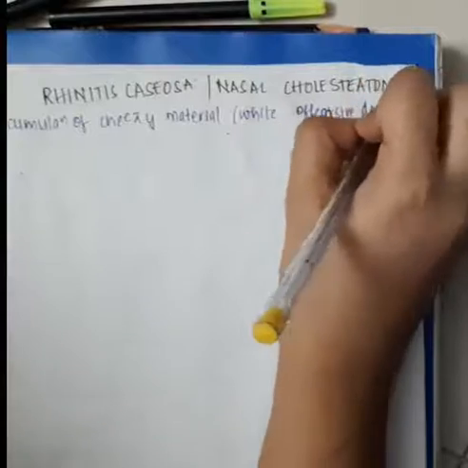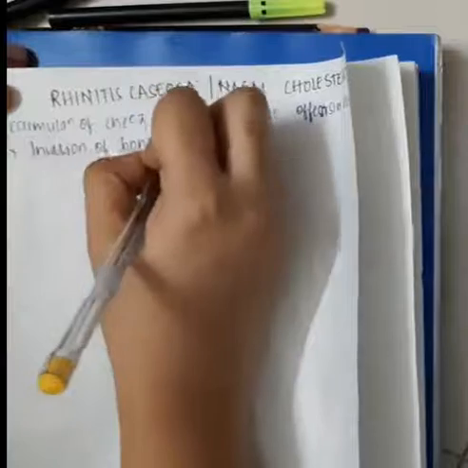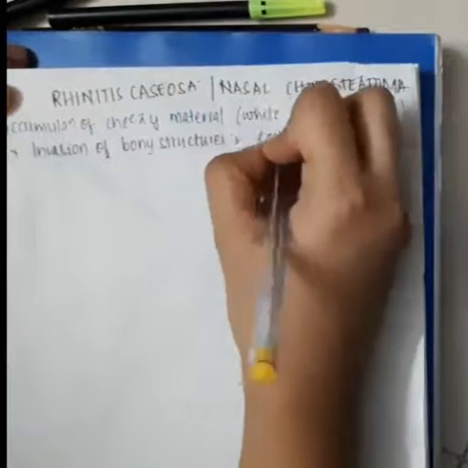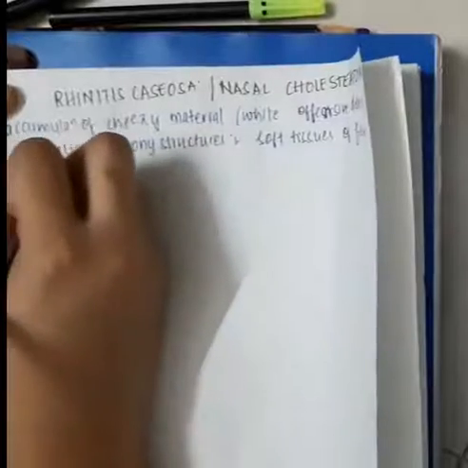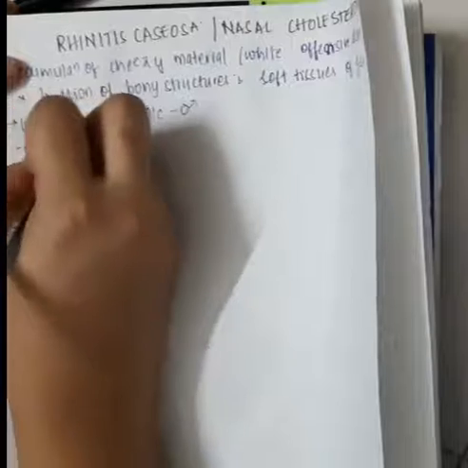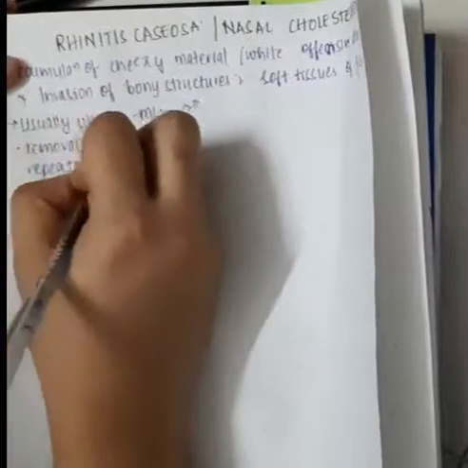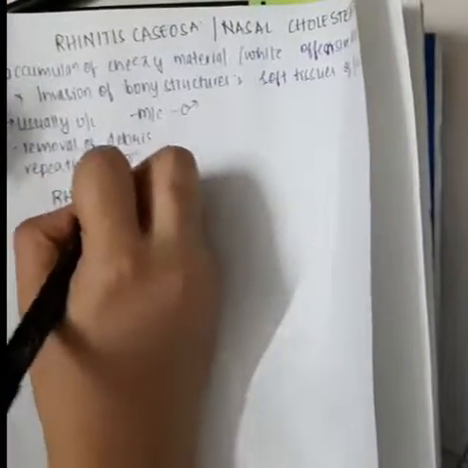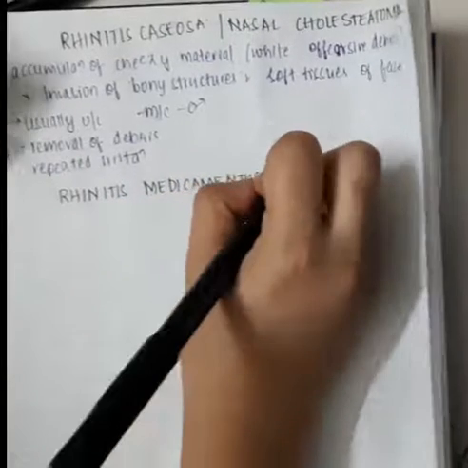This cheesy material accumulates and also invades the bony structures and soft tissues of the face. This is usually unilateral and is most commonly seen in males. The treatment is removal of debris and repeated irrigation.